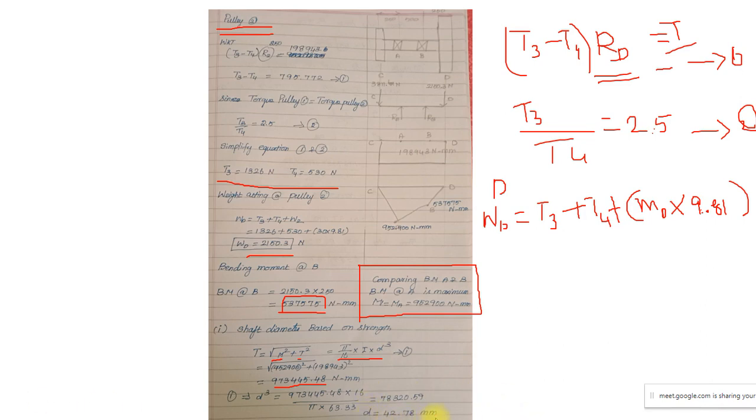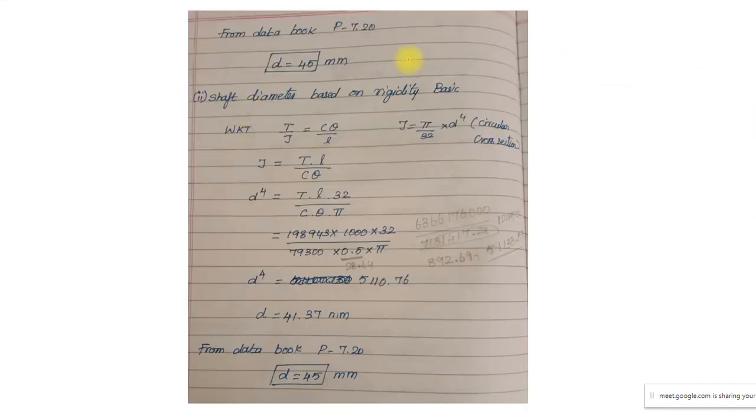The D value is 42.78 mm. I am going to the data book. From data book page number 7.20, the standard value is 45. This has already been discussed in plenty of problems we have solved.